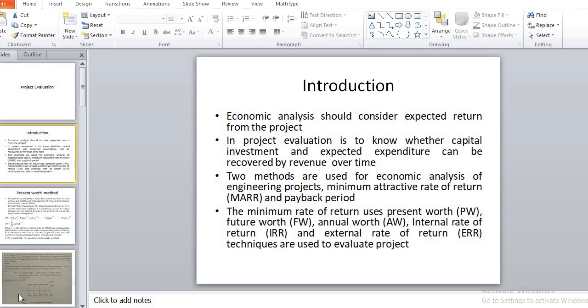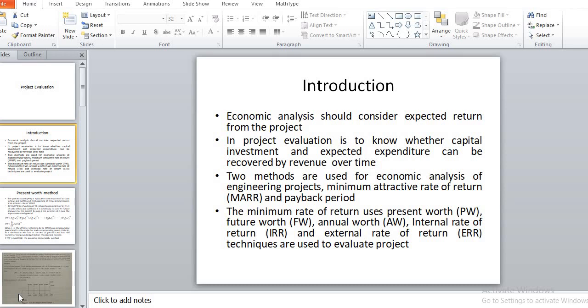So in this unit, we discuss the decisions that we consider in the economic analysis: whether the project is acceptable or not acceptable is defined in this economic analysis.